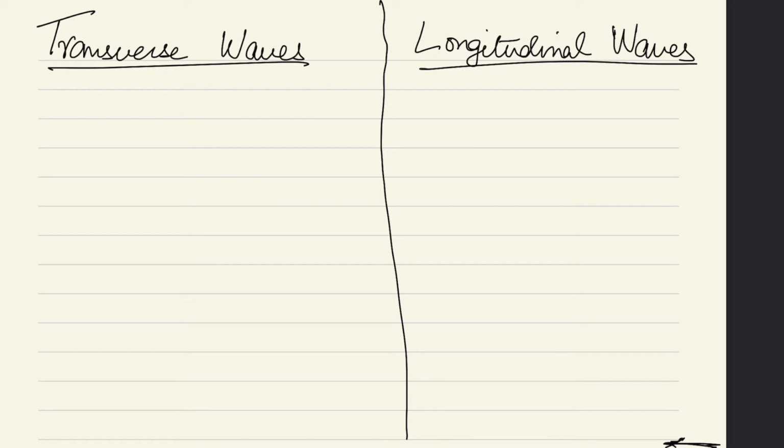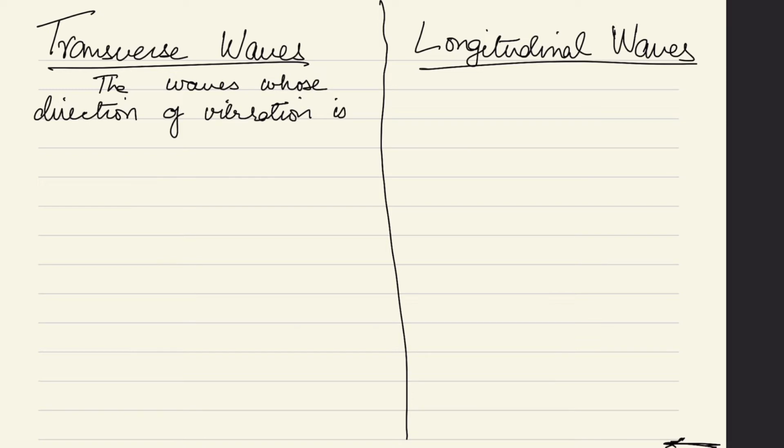Let's write down the definition first, and then I'll explain what the transverse waves are and what the longitudinal waves are. So transverse waves are the waves whose direction of vibration is perpendicular to the direction of the wave.